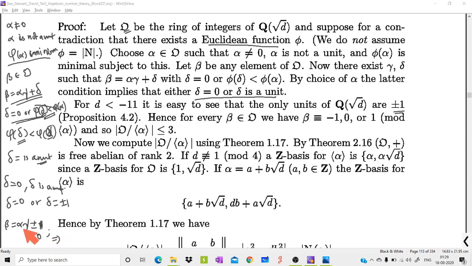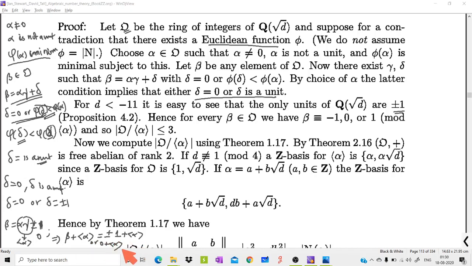So this implies that we know that this element alpha gamma is obviously an element of the ideal generated by alpha. So for the coset beta plus ideal generated by alpha, we have only these possibilities: plus or minus 1 plus ideal generated by alpha, or 0 plus ideal generated by alpha.